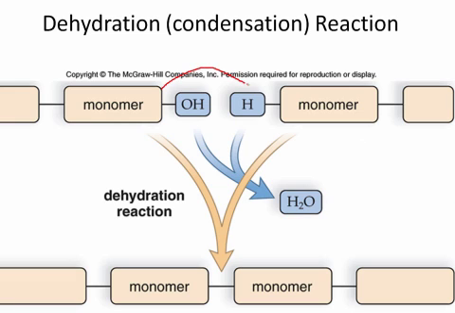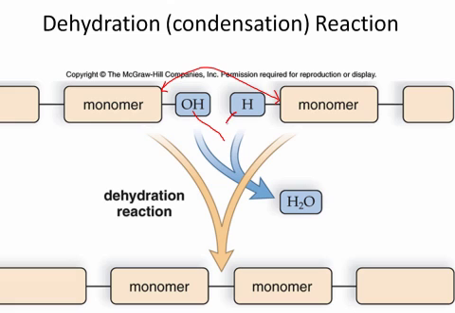And so what happens, you see in the top of this diagram a monomer. That would be something like a sugar. If we want to connect two of those together, we can take a hydroxide functional group from one molecule and remove that.